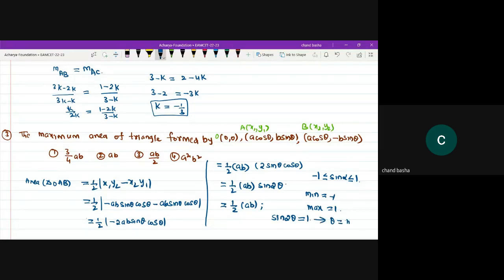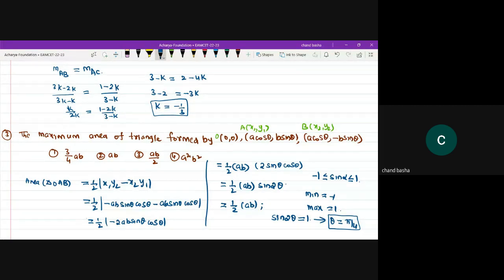He's not asking the value of theta. What is he asking? Maximum area, the maximum area of the triangle formed by the given vertices. That means your sine 2 theta value will be 1, because the maximum value of the sine function is 1 only. We cannot take sine 2 theta as 2.